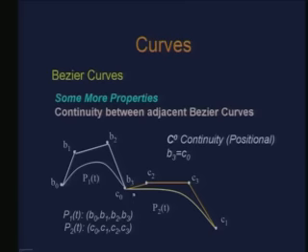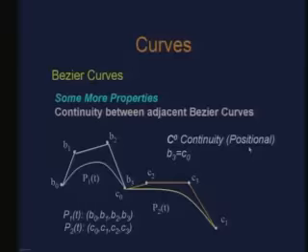Now, if I am talking about the continuity at the junction point of these two curves, the first thing I can look at is the positional continuity, where the first point of the second curve should match with the last point of the first curve, because that is the minimum requirement for the two curves to be joined.